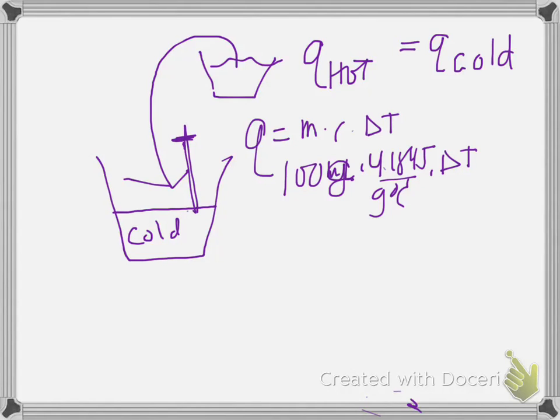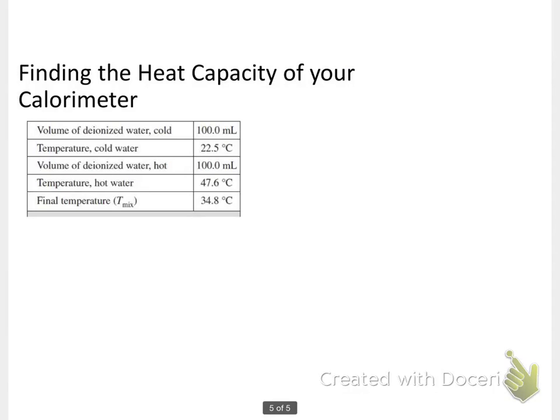I'm going to do the same thing with the cold. The only thing that's different with the cold is a different change in temperature. Theoretically, if I had a perfect calorimeter, these two values should be equal. But you will find out that they're not equal. The difference is the heat lost to the calorimeter, which will allow us to develop the calorimeter heat capacity. So let's take a look at sample data.